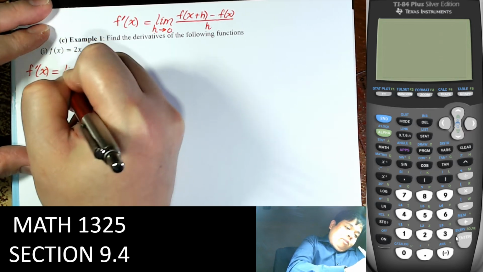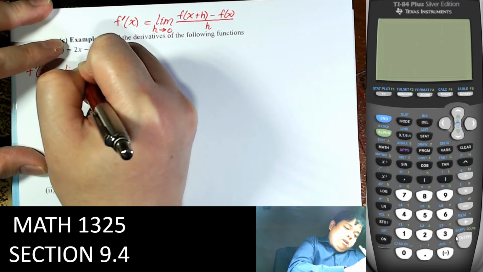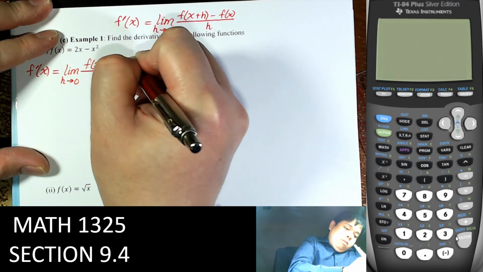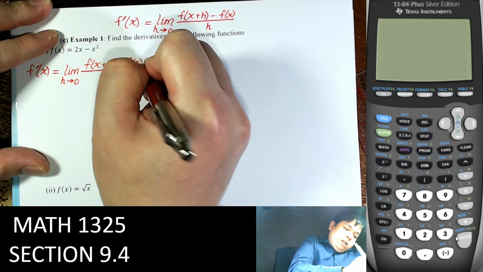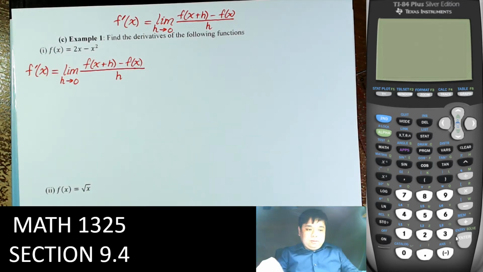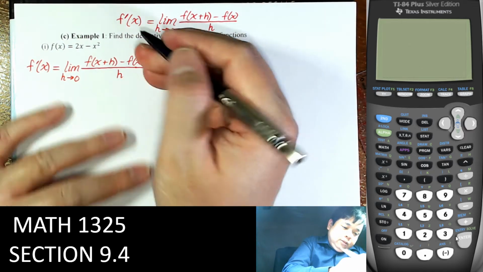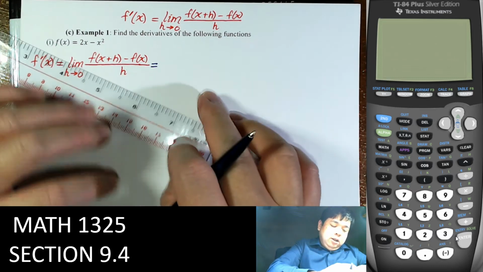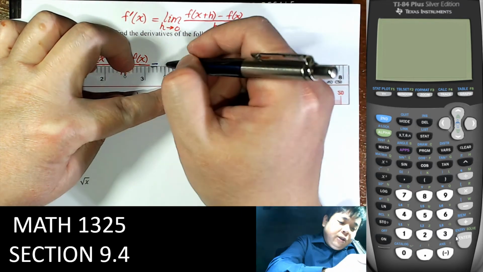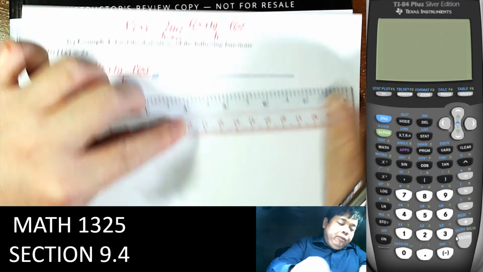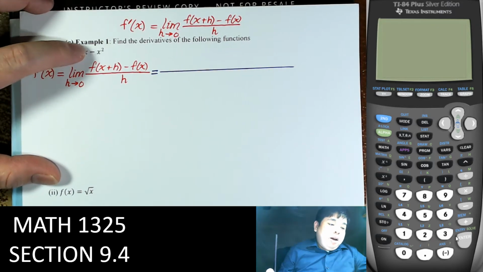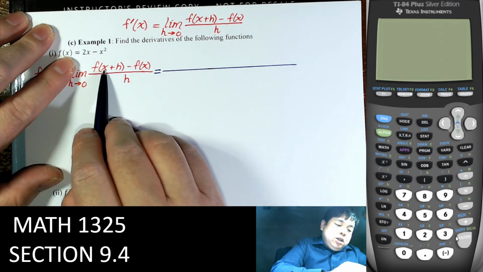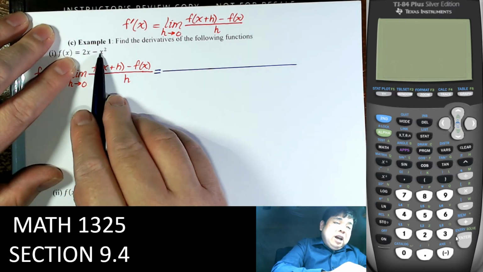Limit as h goes to 0, f of x plus h minus f of x over h. Right. So the function is 2x minus x squared, so there's an x here and x there. So if we substitute x plus h here, we have to substitute in every x.